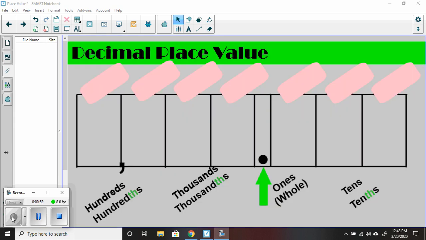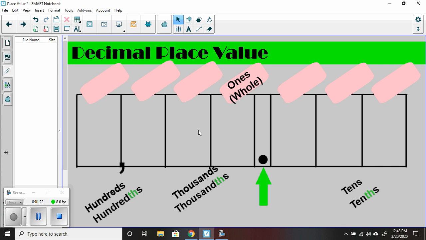This is another type of place value chart that you've seen before. This one's actually a little bit better for putting digits into the boxes so that you can see exactly what place it's in. Remember, the decimal separates the whole numbers from the decimals, and the ones is the building block. It doesn't have any match. If you notice down here, they all have their matches with the whole numbers and the decimals.